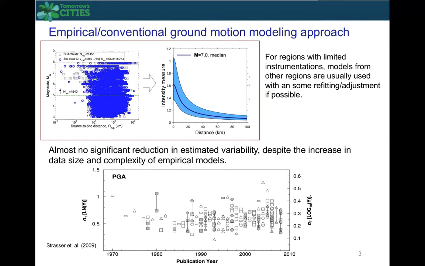But due to the simplified way of representing the source, path, and site effects, and also because of the lack of data in the near source regions from large magnitude ruptures, the reduction in uncertainty estimates from the empirical ground motion models is not significant.